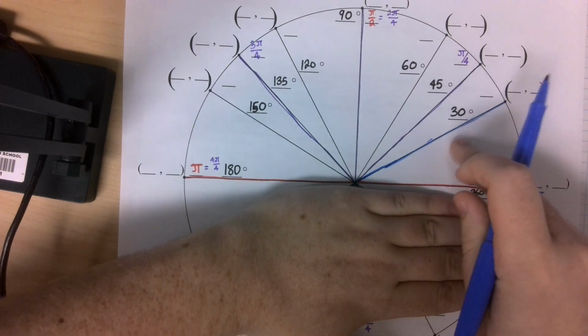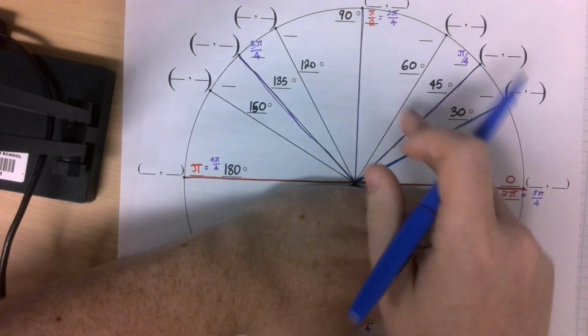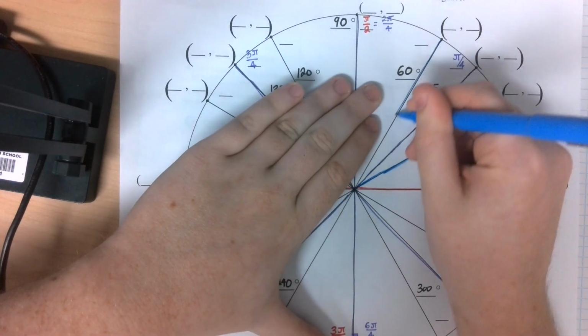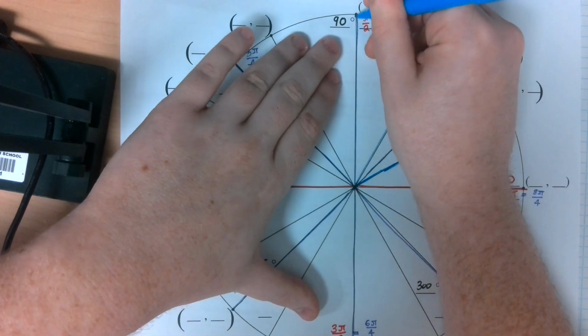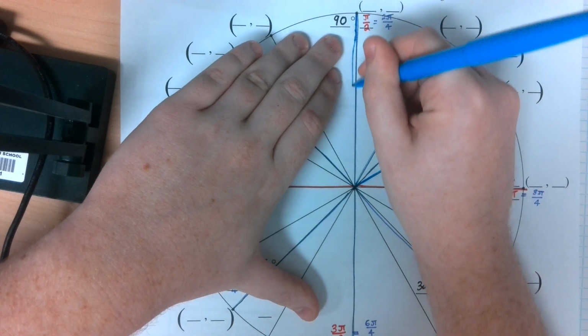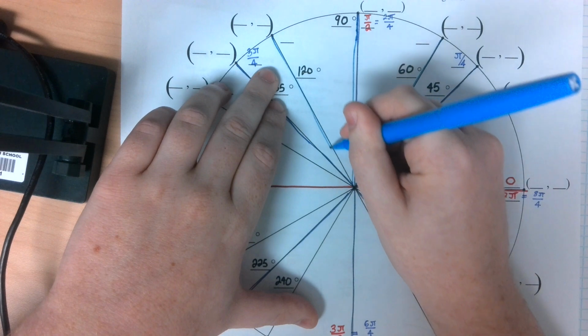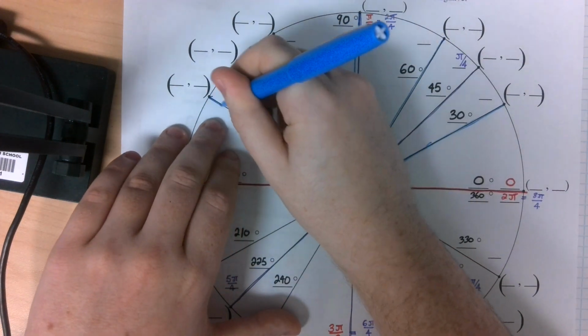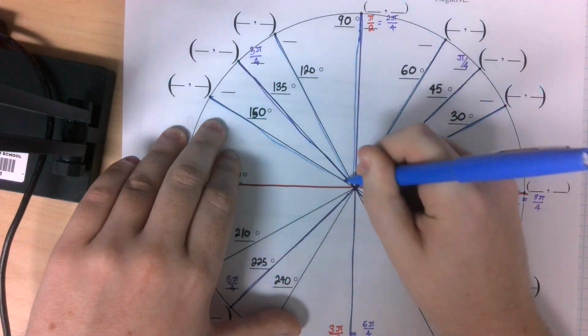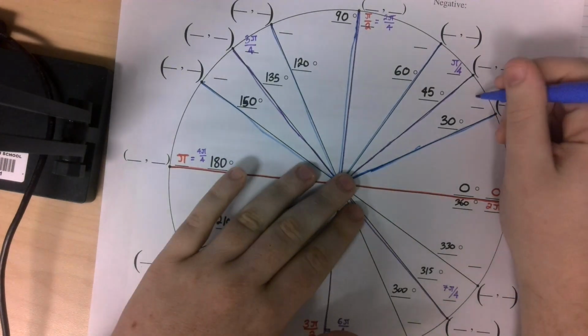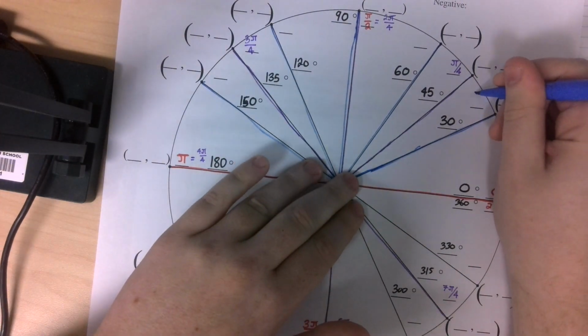That's 1/6 of the way, because 30 times 6 is 180. That means that each of these is 1/6 of the semicircle. So this one here, this 120 degree angle, and this 150 degree angle. So we can count up in the same way. This is 1/6 of pi, so we call it pi over 6.